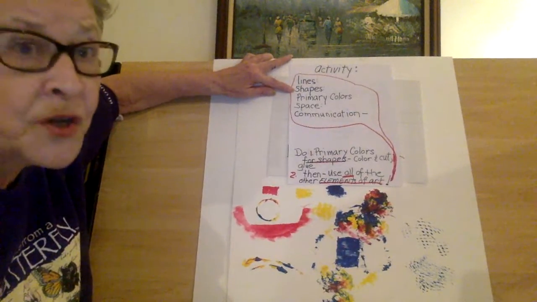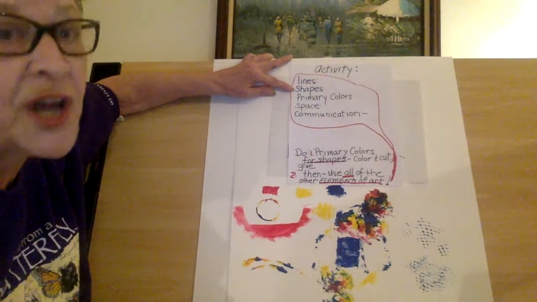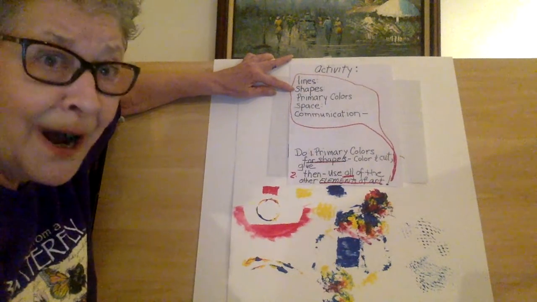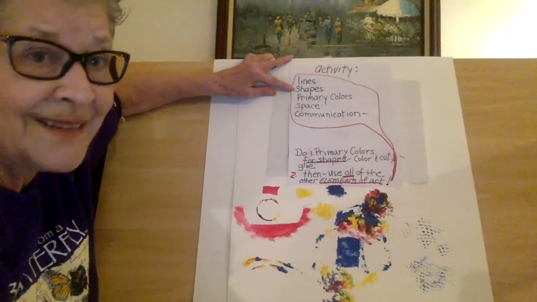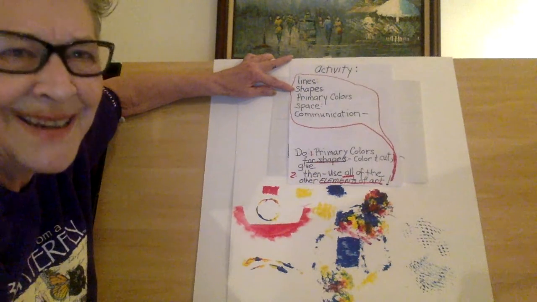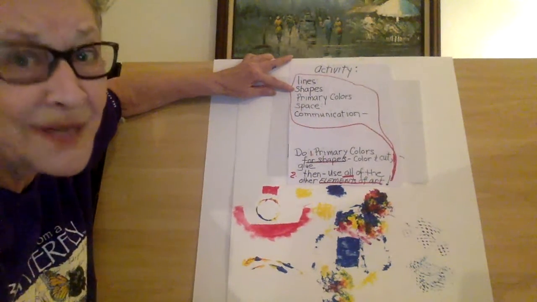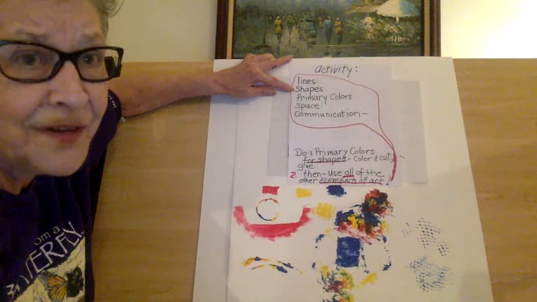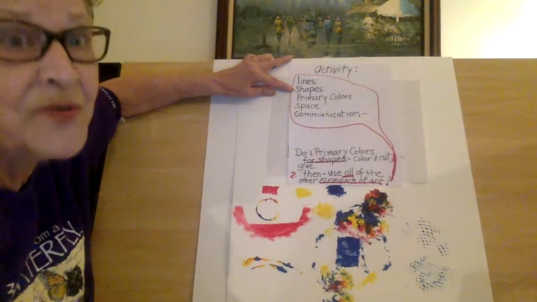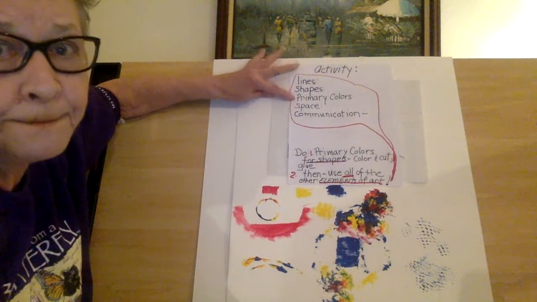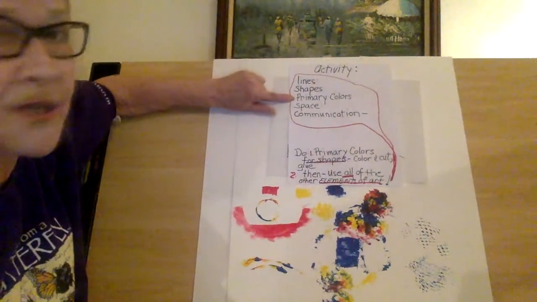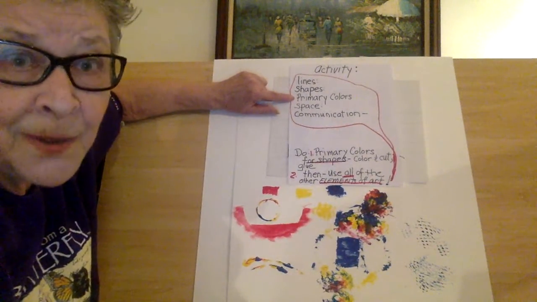Your shapes. By now you should have had your geometry shape lesson. Oh, Mrs. Fong and I got a little bit discoordinated with our lessons. So I'm sorry if that was a confusion for you, but by now you should have had it, okay? Your primary colors.